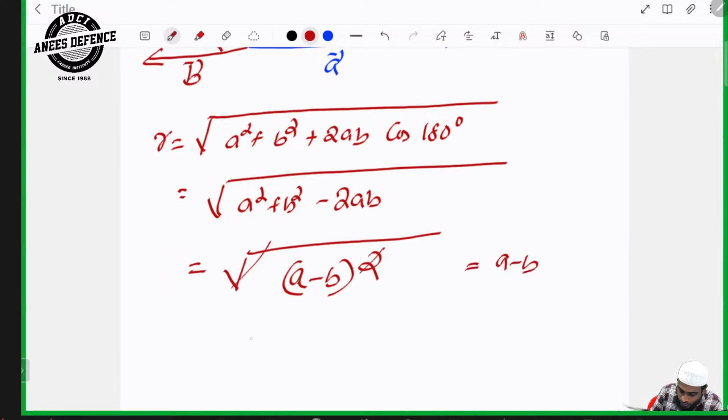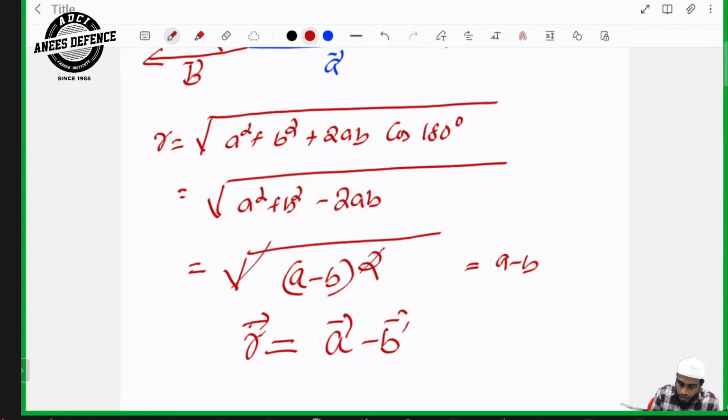So you are getting R equal to A minus B. So if the vectors are in opposite direction, no need to use the formula, simply subtract. If the vectors are in same direction, no need to use the formula, simply add. Understood? If the vectors are in perpendicular direction, if we want to calculate the magnitude of the resultant vector, simply calculate the root of A square plus B square.